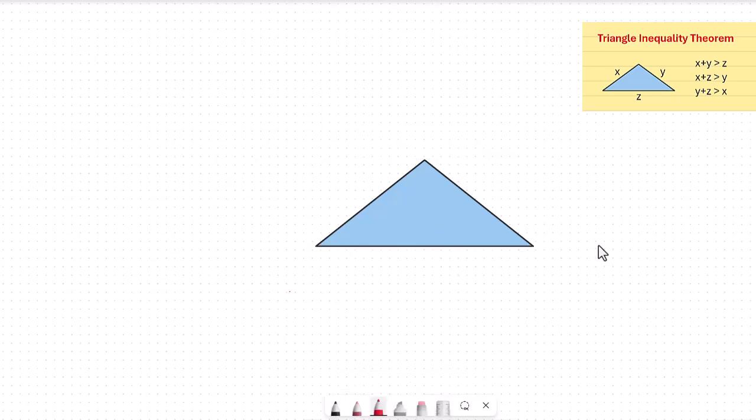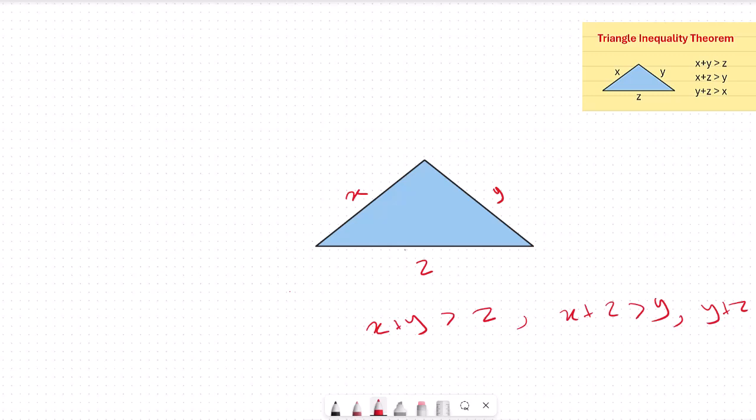Let's say this is your side X, this is Y, and this is Z. So the theorem states that X plus Y should be greater than Z, and X plus Z should be greater than Y, and Y plus Z should also be greater than X. So the sum of these two lengths, for example, should be greater than this.